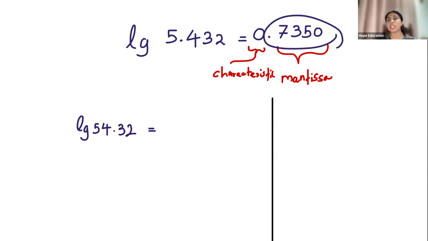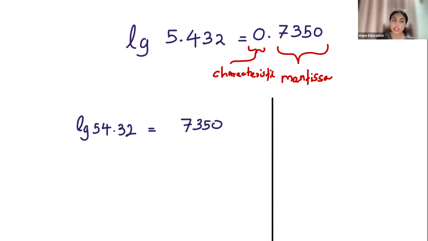Mantissa is what we read from the log table. So it's still 7350. But now the characteristic is what changes, since the decimal has gone one place back from the default. So here the characteristic becomes 1.